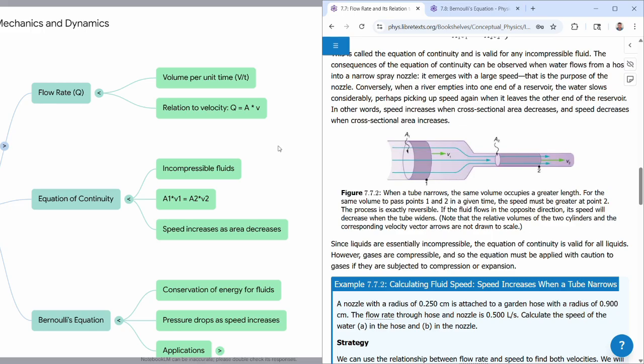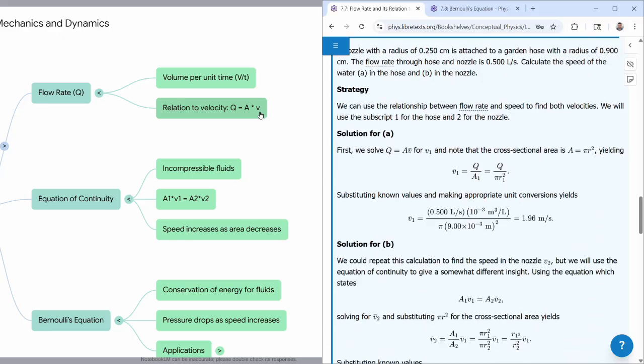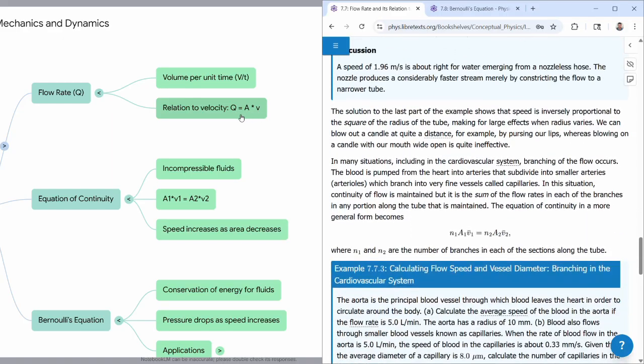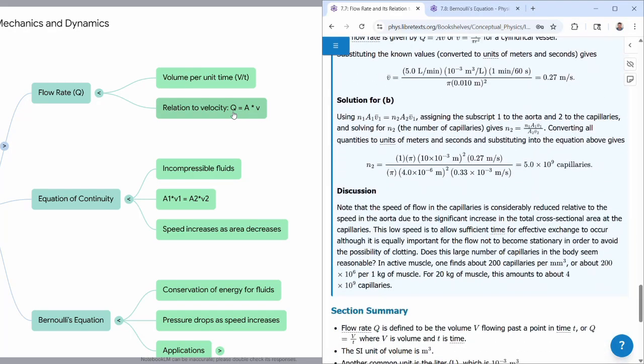If the area gets narrower, then almost counterintuitively, because the same amount of volume still has to flow, fluid speed will actually increase, so that the same amount of volume still flows.